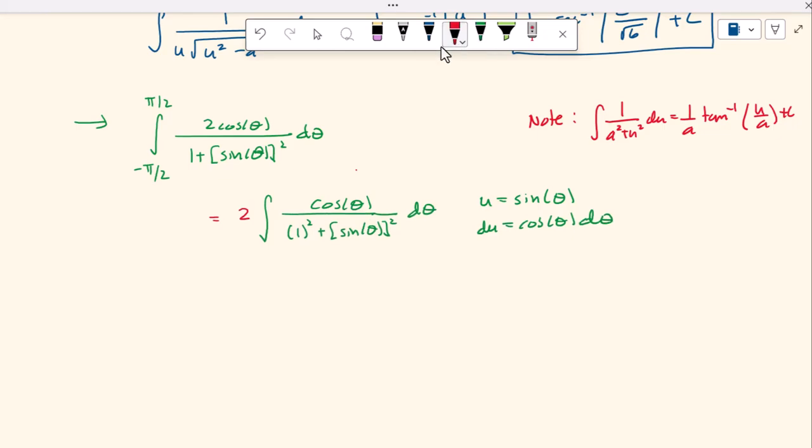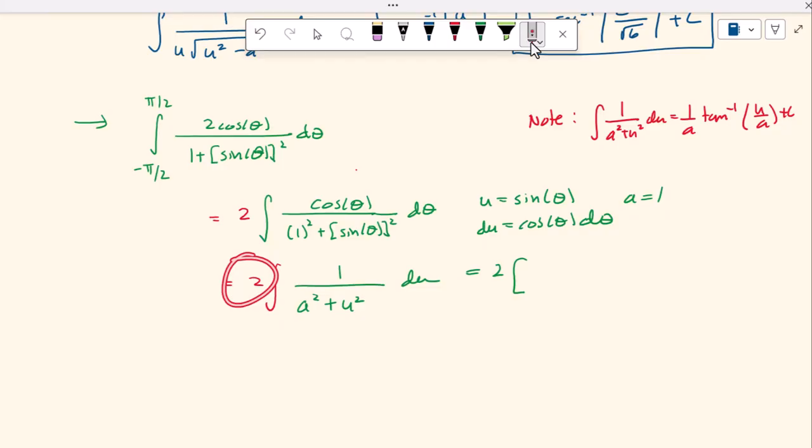And let's see what we have here. So cosine theta d theta is my du. So there's my du. In the denominator I have a squared. We didn't write that down here, but a is 1. So a squared plus u squared. So I have the 2 out front because of my 2 that I need here.